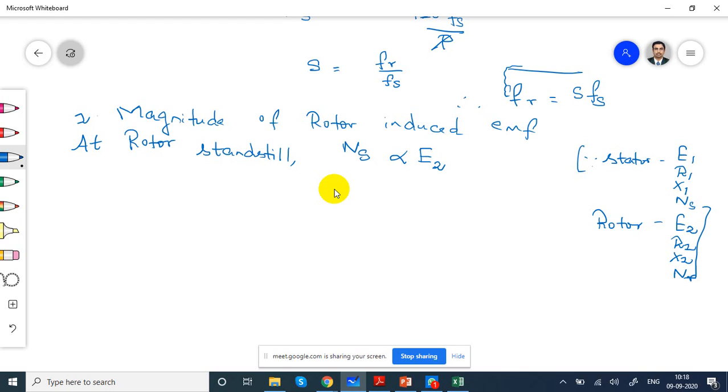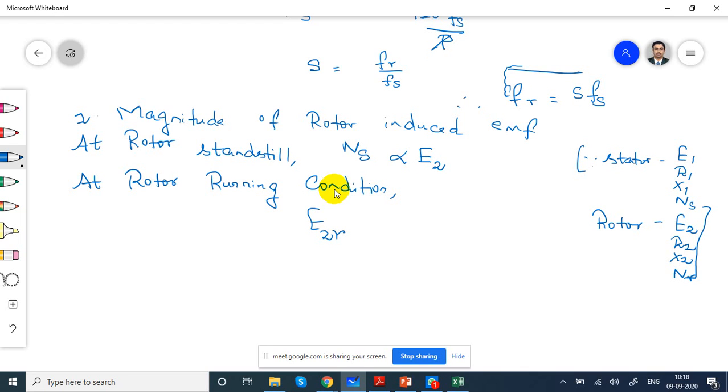So the synchronous speed is directly proportional to E2. Another one, same, at rotor in running condition. The notation is E2, but it will be in running, so E2R.